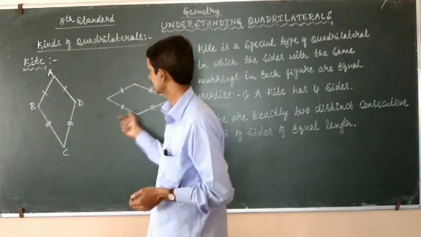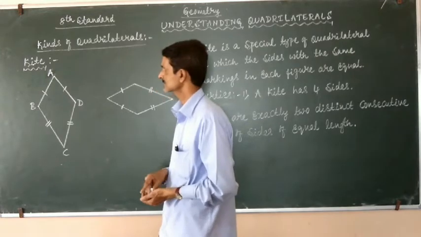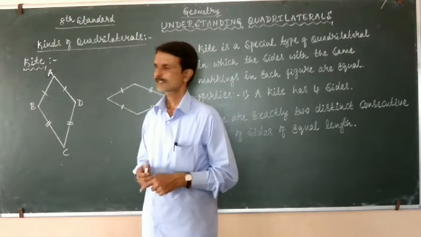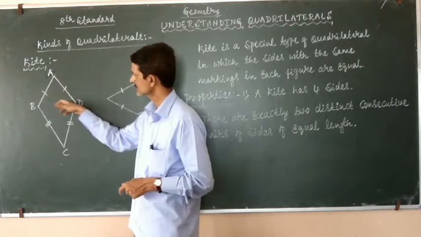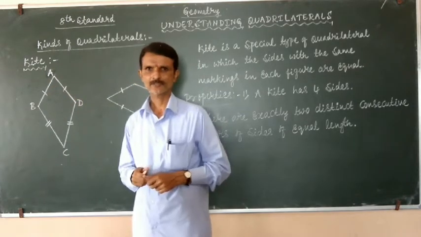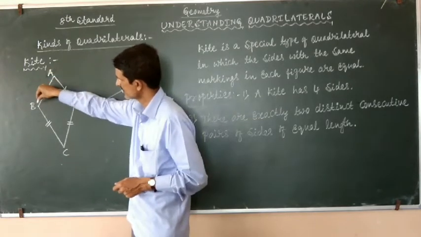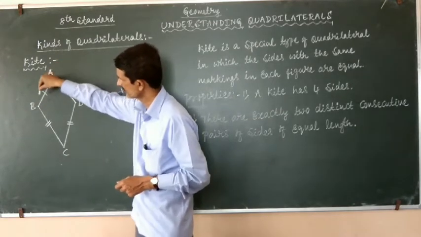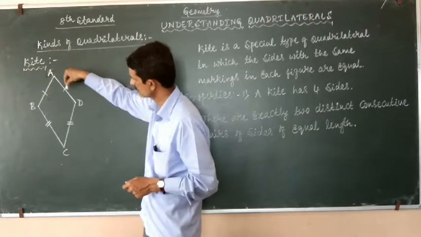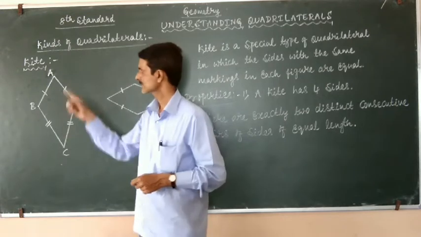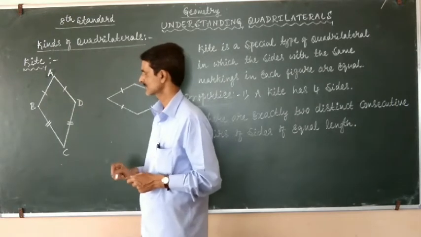If you observe these two figures, a kite is a type of quadrilateral. Observe the length of the sides. The length AB is equal to the length AD. These two are equal.